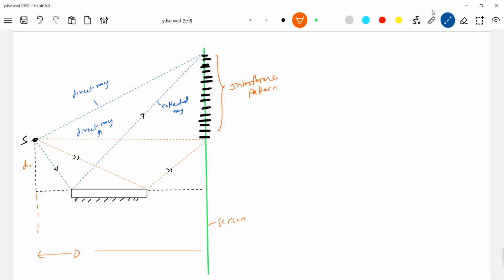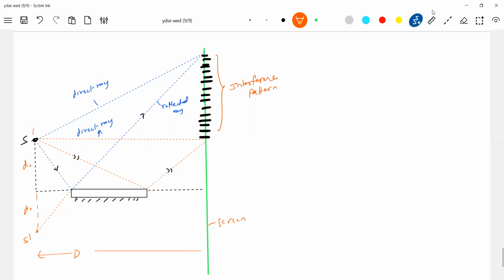So if I extend this ray, this will be d naught. This will be S dash. That S dash will become coherent sources.